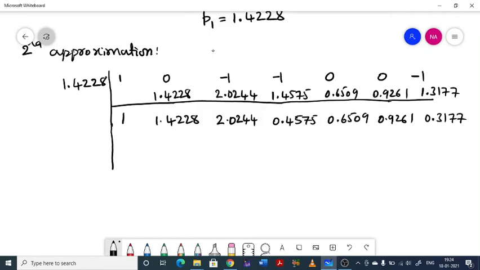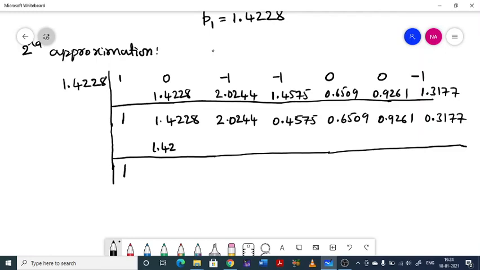Repeating the process. Here you get 1, you can carry, right? 1 into 1.4228. It will be 2.8456. Multiplying, 4.0487. So it should be 5.0731. Multiplying, 7.6755.